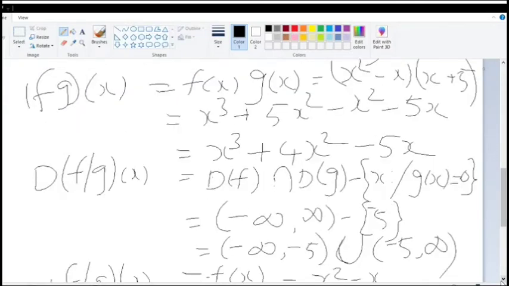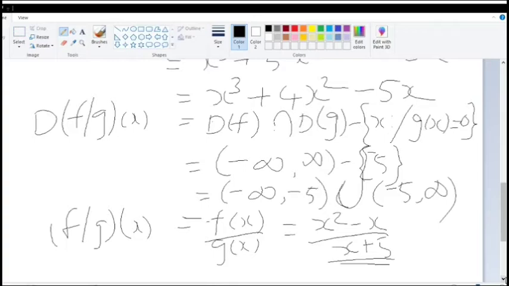So minus infinity to infinity minus the singleton set minus 5, which is equal to minus infinity to minus 5 union minus 5 to infinity. So f by g of x equals f of x by g of x, which is equal to x square minus x by x plus 5.